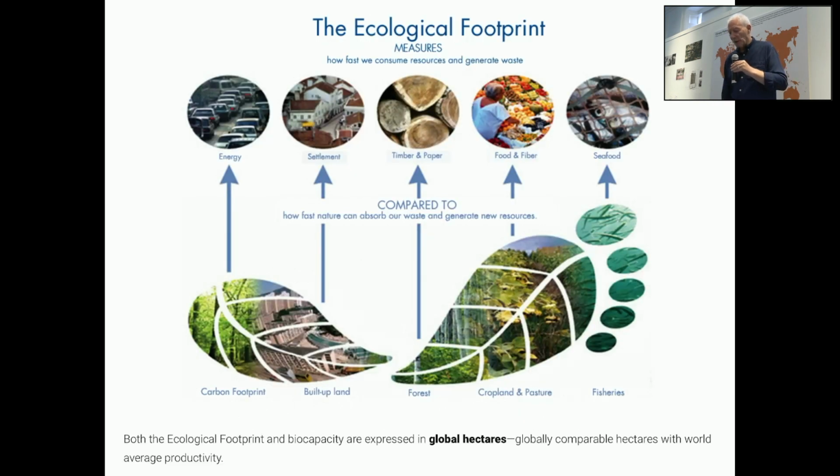There are more current calculations, and I think tonight when we see some of the presentation from Kieran and from Giles and Tom, we're going to see things measured in the equivalent of hectares of what it takes the earth to produce.